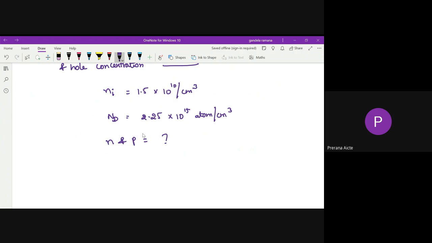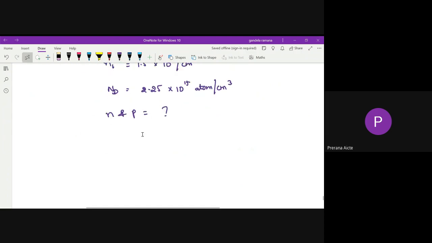Silicon doped with phosphorus, a fifth group element. Suppose it is doped with boron, that is a third group element, which gives P type. A phosphorus atom donates one electron, because fifth group elements are donors.